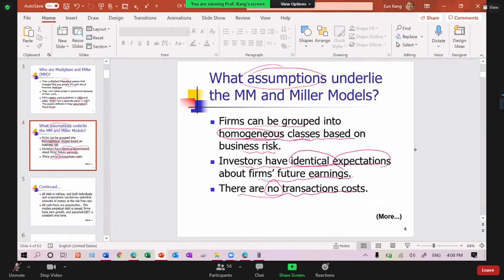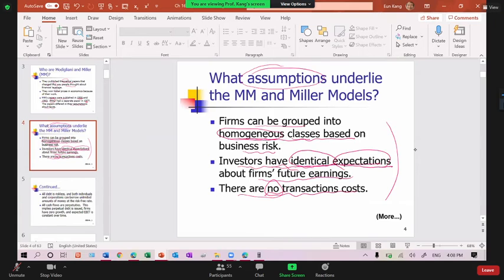Then, you know why they got the Nobel Prize even with those unrealistic assumptions? Because they are the first who analyzed the capital structure problem using a very rigorous and theoretical approach. And this is the prize.